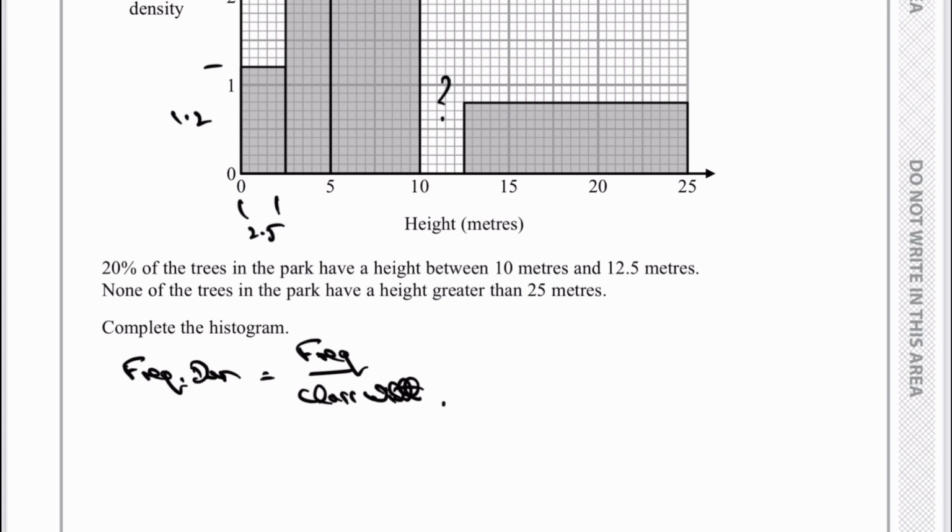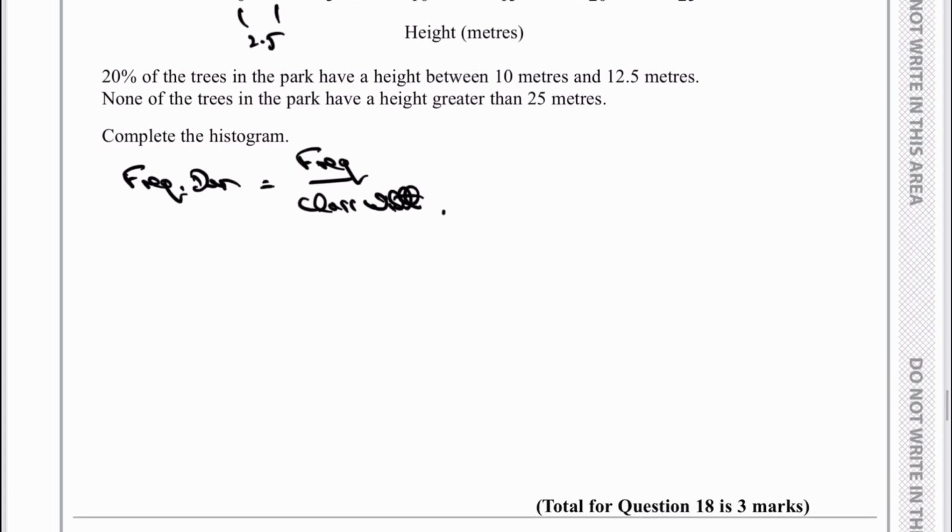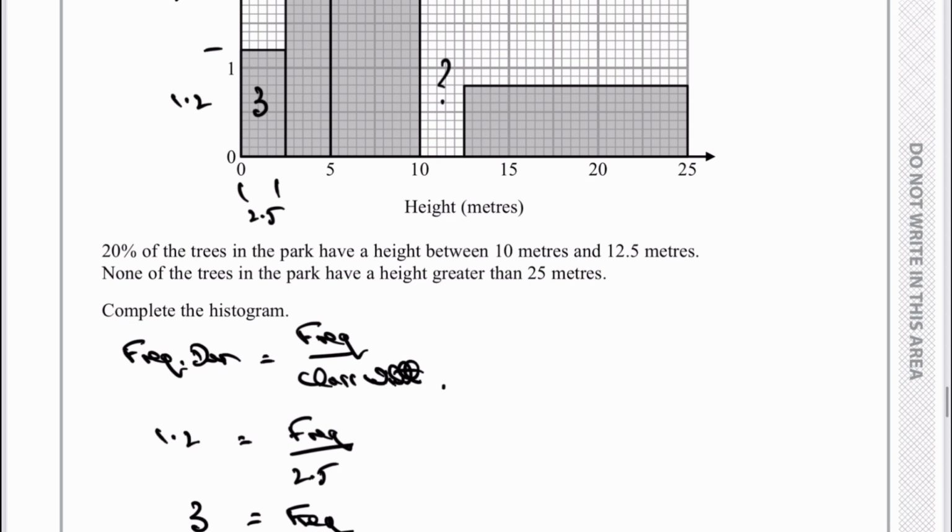The frequency is what I'm interested in, in other words the number of trees, but I do know the class width is 2.5. So if I multiply 2.5 by 1.2, I'm going to get that the number of trees for this first block is going to be 3.